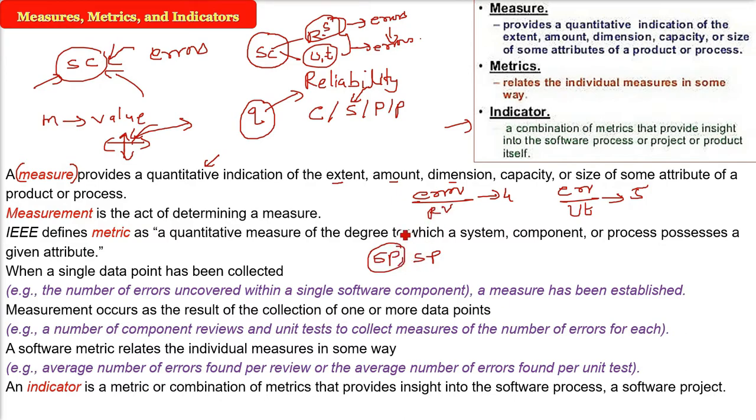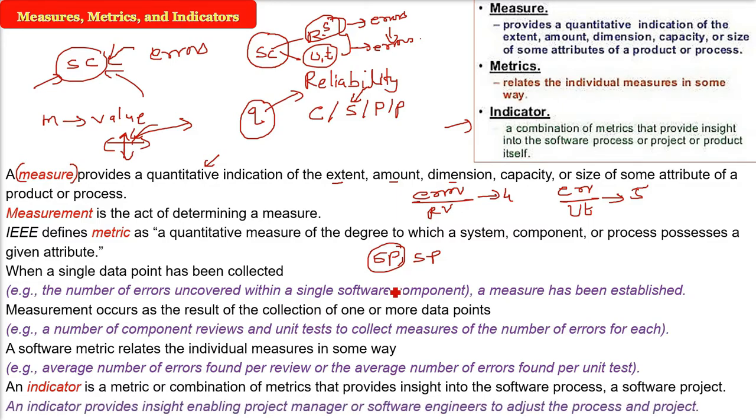So an indicator will indicate through certain combinations of values, and that is why we call it an indicator, because it is going to indicate to the software team, for example the project manager or a software engineer, that this is the indication, this is what you are getting, this is the number. And on the basis of this, for example if 4 is there, you need 2, if 5 is there, you need 3. So now the project manager can adjust the process and project on the basis of these indicators.